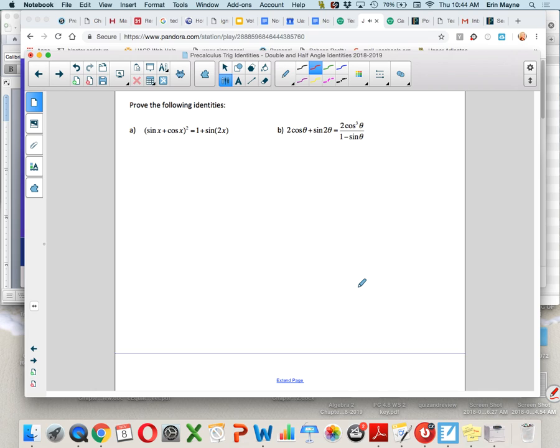It does not. Be really careful. However, what does this sine x plus cosine x squared mean? Times itself, right? Okay. So write out sine x plus cosine x times sine x plus cosine x, and start multiplying it out.